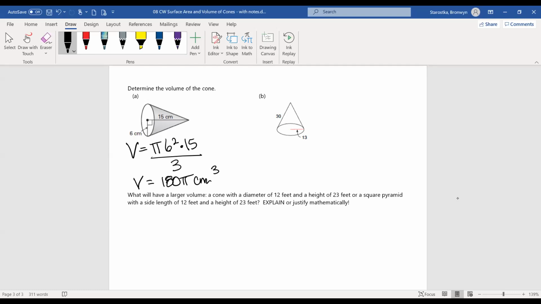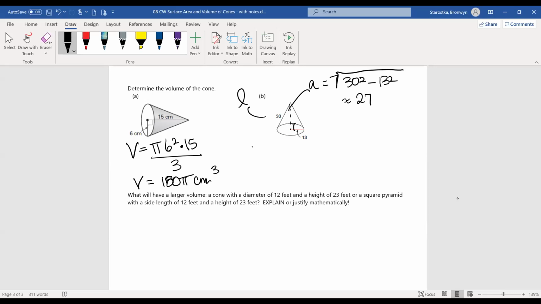Uh-oh. What were we given here? We were given L. We need A. And so in this case, quick Pythagorean theorem tells us 30 squared minus 13 squared. We're going to get approximately 27.